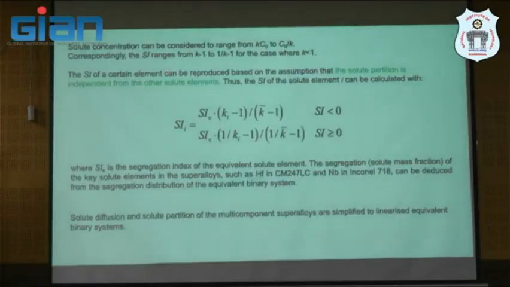And this solute concentration is in the range from C naught to C naught divided by K here. And this is what we call the segregation index. If it's less than 0, it falls into this one. If more than this, it falls into this one.